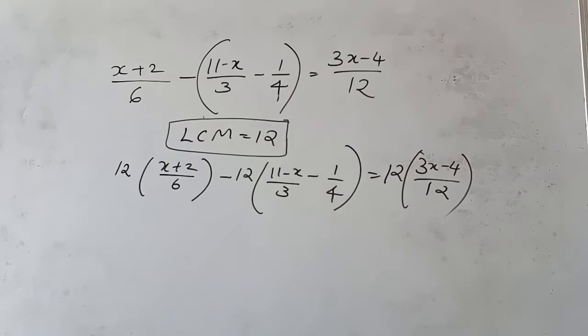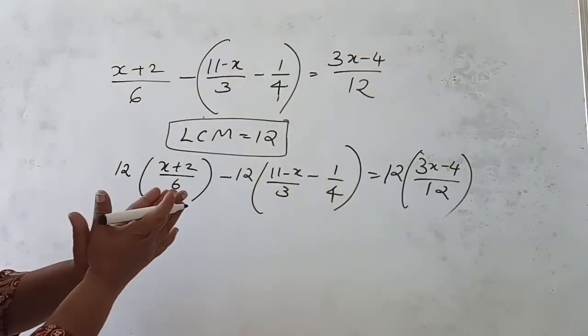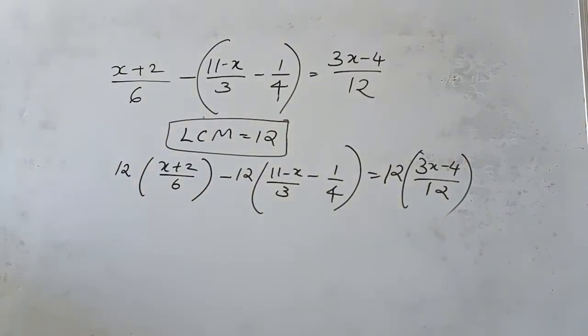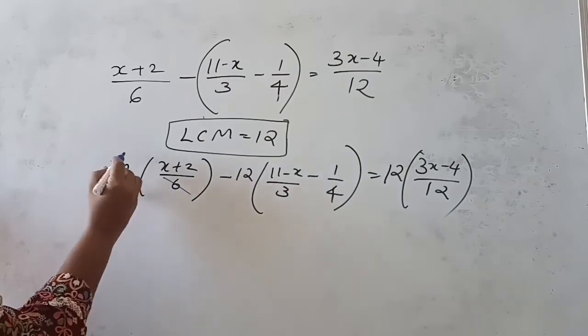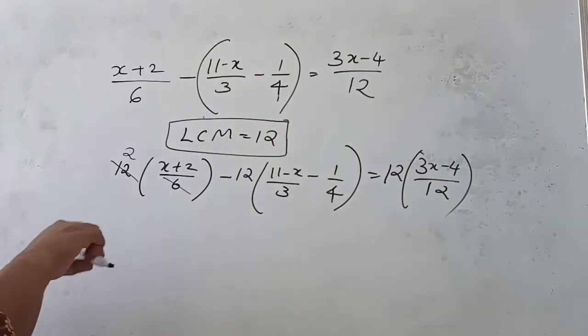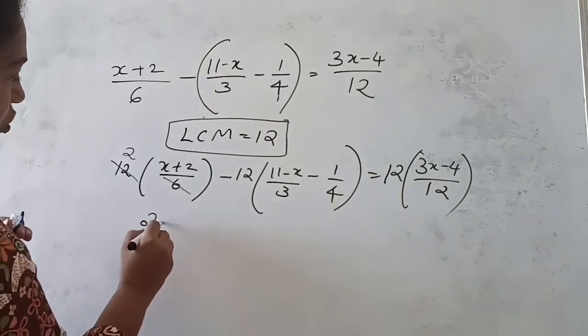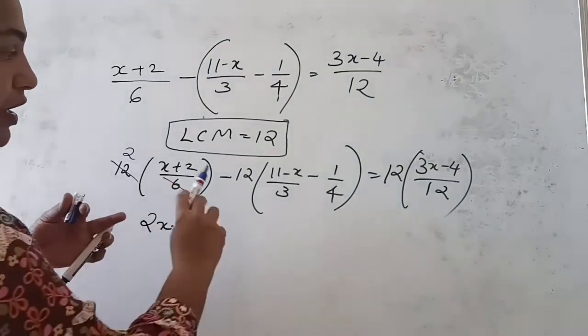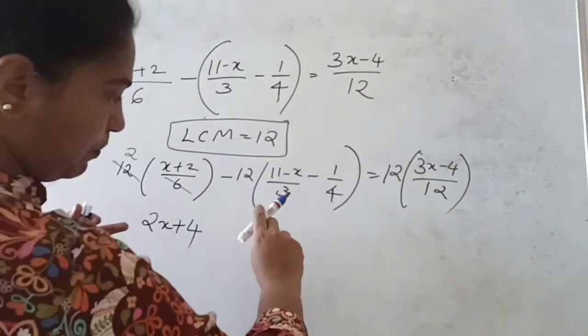Now, second step, open the bracket. So I get here 2x plus 4. Okay. Now this is a slightly trickier one to open.